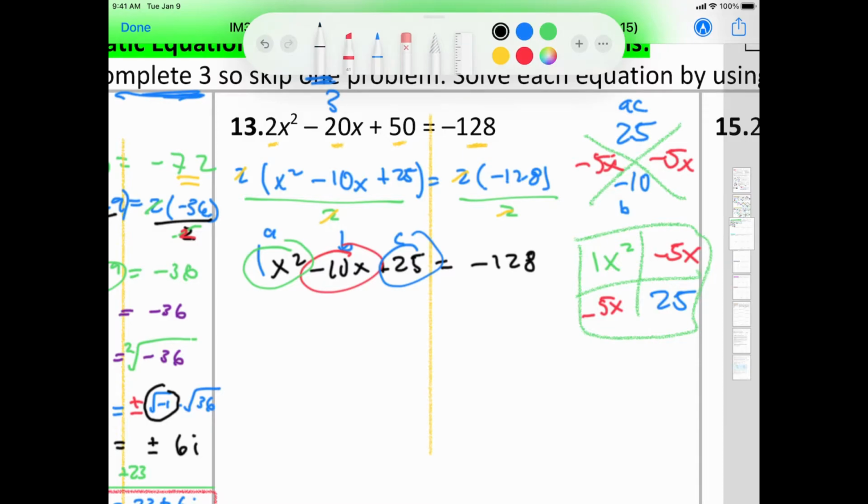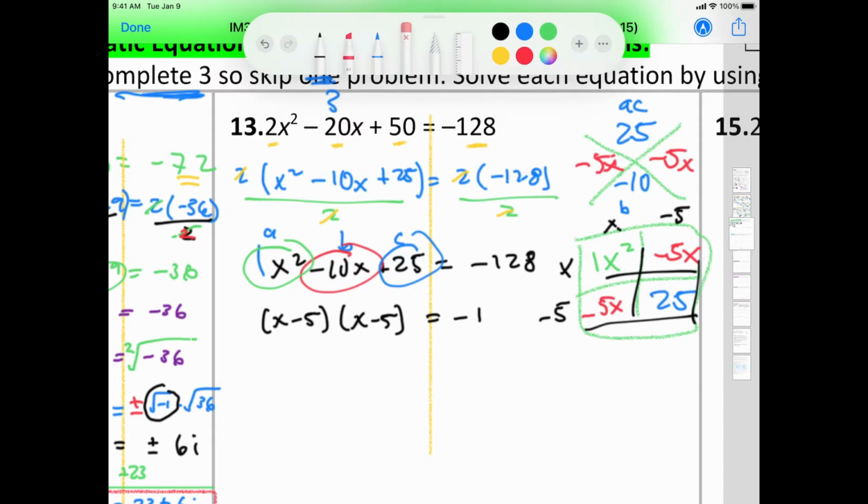Let's go ahead and take now the greatest common factor of this row. That would be an x minus 5, x, and a minus 5. Uh-oh, see my mistake. I saw it.